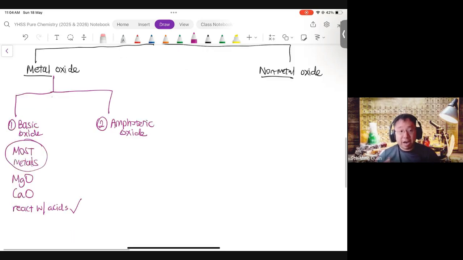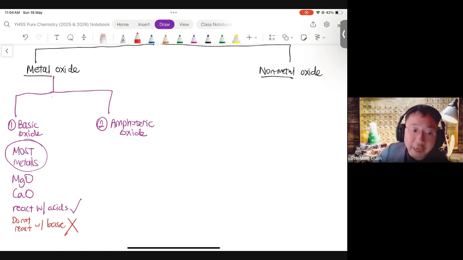Base plus acid, right? However, they do not react with base. Okay, they do not react with base. So acid, okay, they react. Base, they don't react. All right.